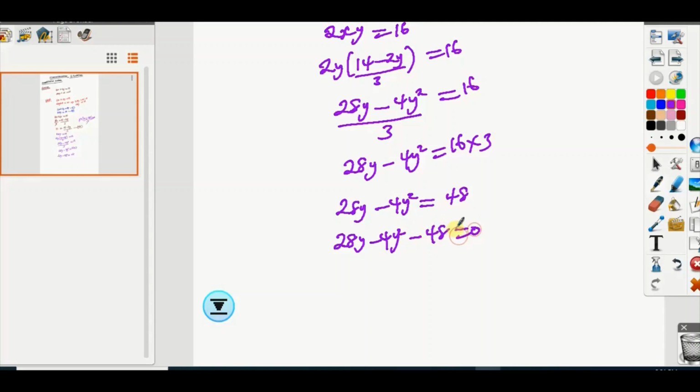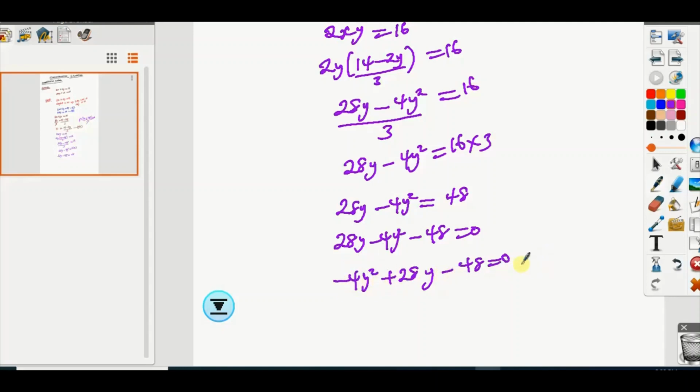Now this is what we call a quadratic equation, but it's not well arranged. We make sure that we arrange it this way: minus 4y squared plus 28y minus 48 equal to 0. Now it's a quadratic equation, but we need to make this negative sign go away.